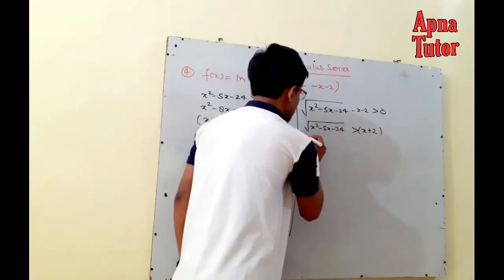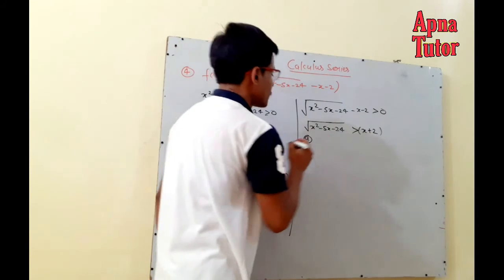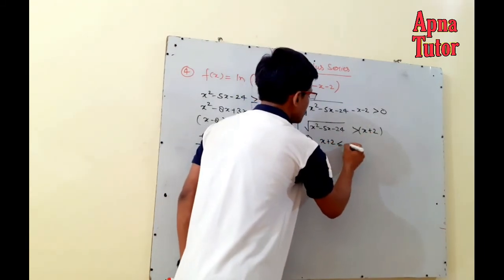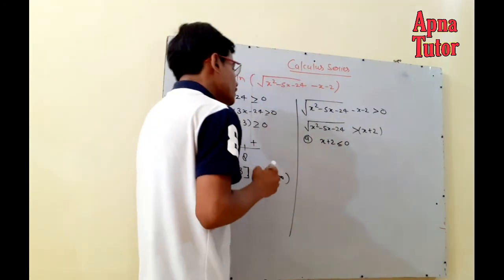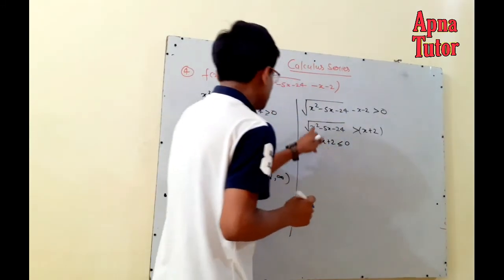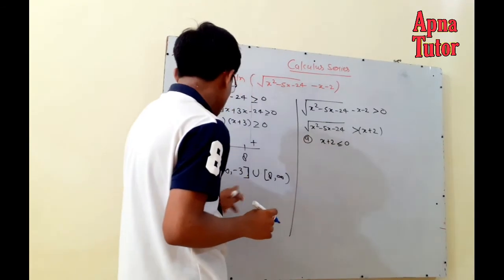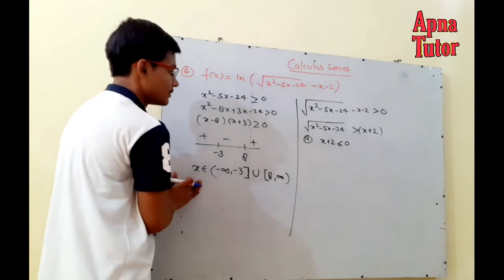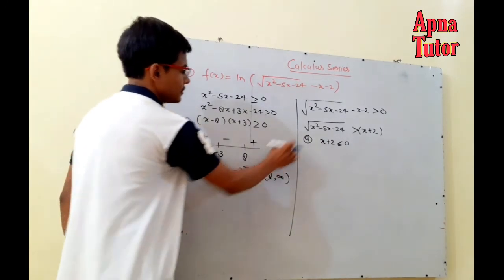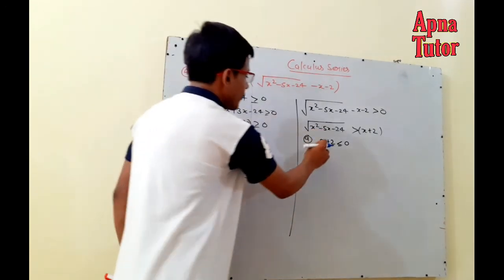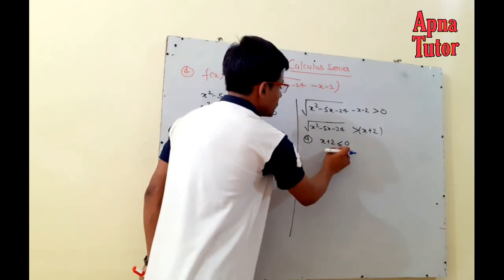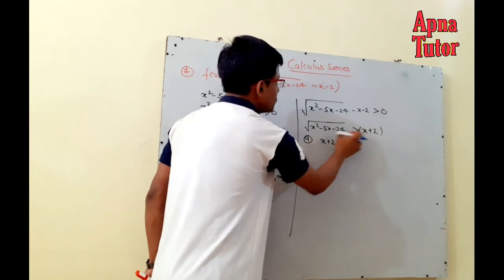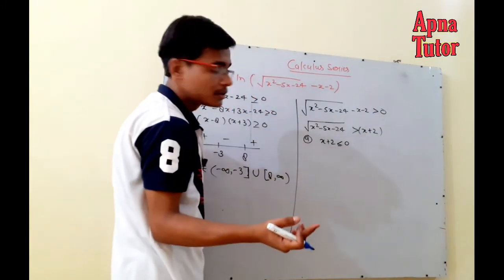So first take case number one: suppose x plus 2 is less than or equal to 0. Then this function is always greater than 0 for this set of the domain, for these values of x, while x plus 2 less than or equal to 0 will always result in negative. So positive greater than negative, it is a universal truth.